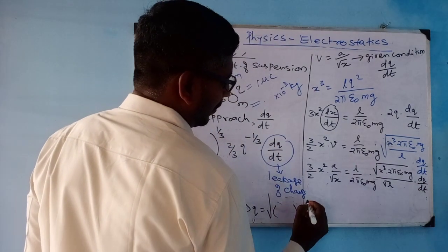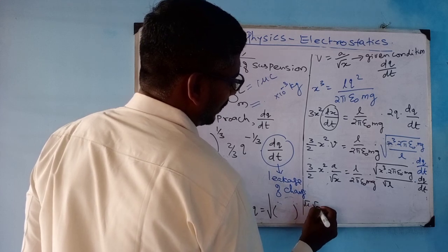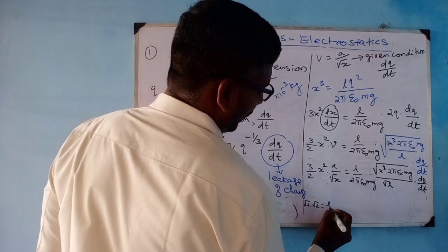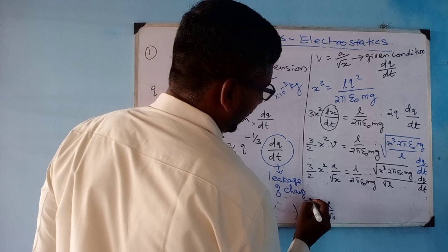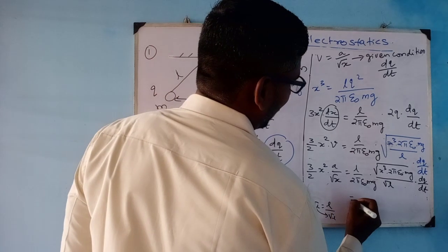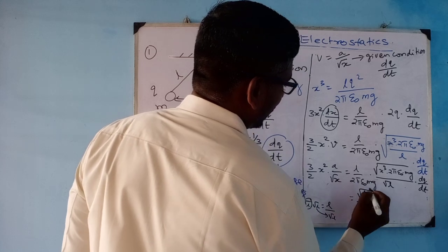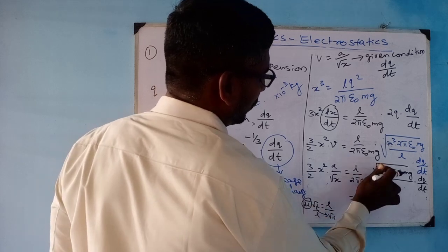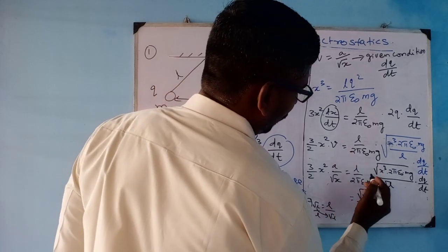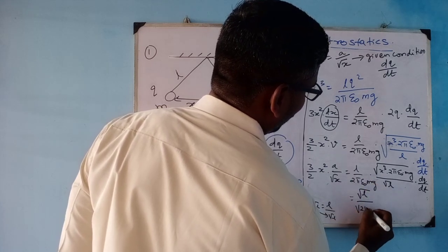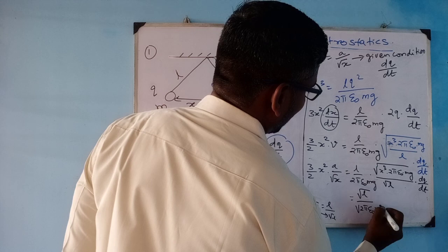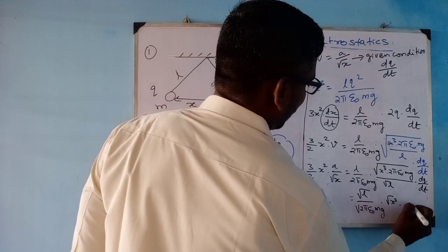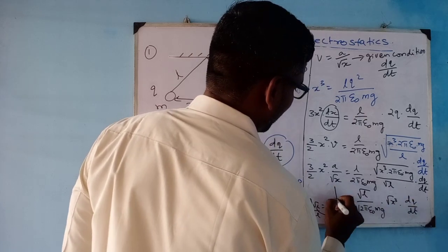From the relation, square root of L into square root of L equals L. So I am taking this L divided by square root of L, which gives square root of L. In a similar fashion, square root of L divided by L gives 1 by square root of L, and this square root of 2 pi epsilon naught mg, and this value remains square root of x cube into dq by dt, and this parameter remains the same.